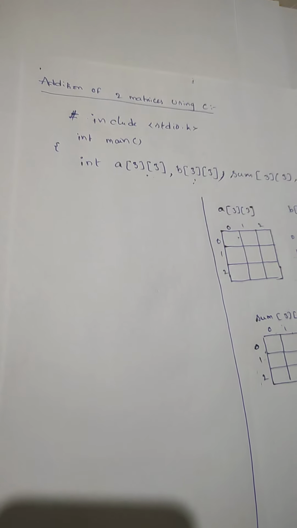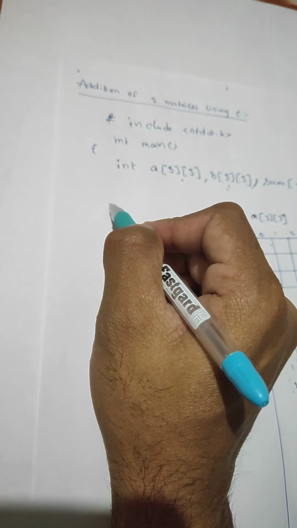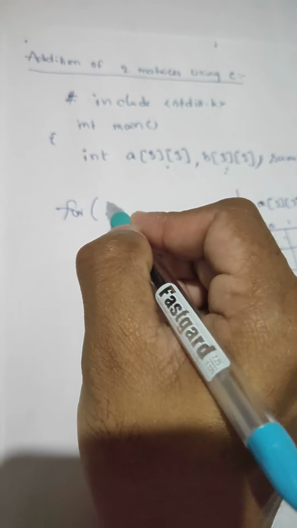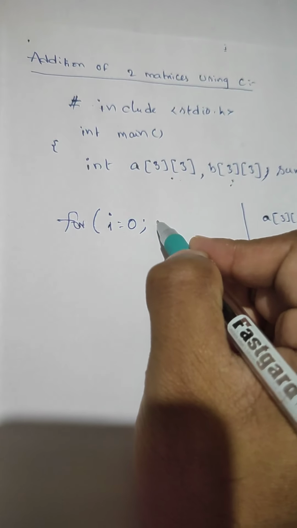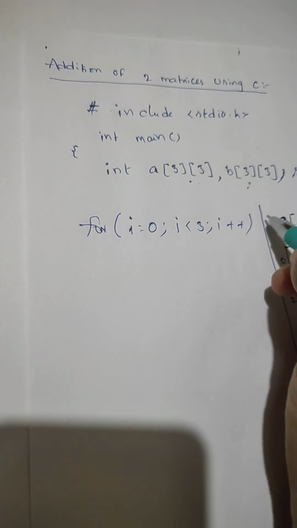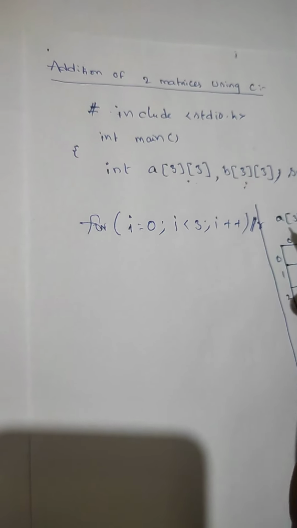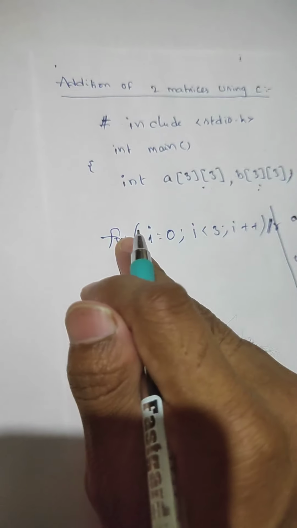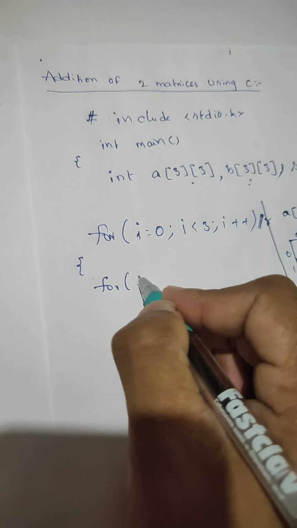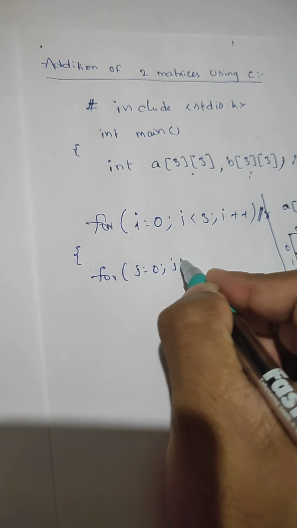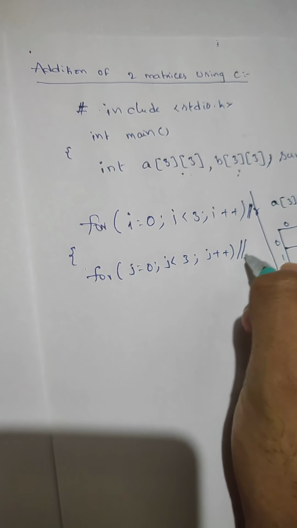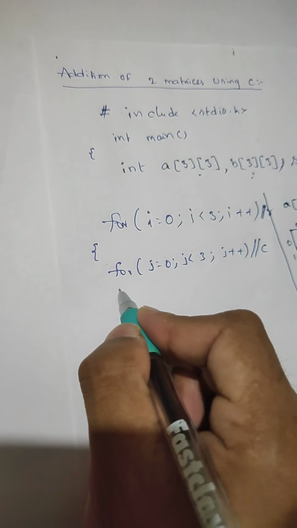For i = 0; i < 3; i++. This is for number of rows. Then for j = 0; j < 3; j++. This is for number of columns.